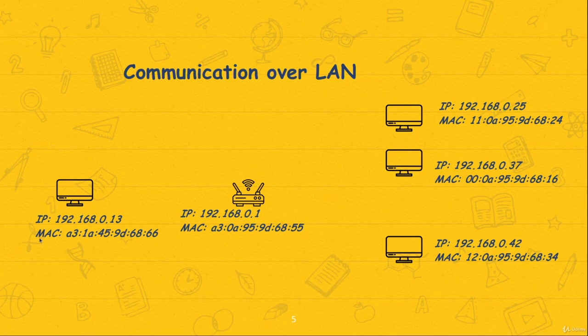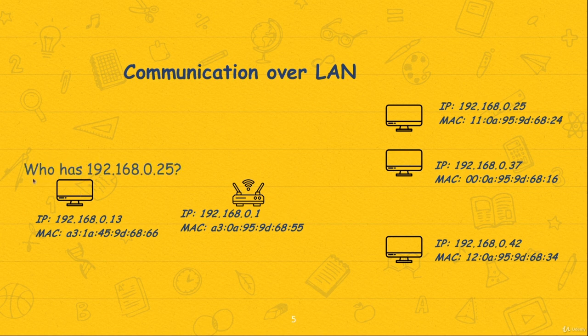So how do you communicate? This PC communicates with this device. In order to do this, it sends an ARP request. There are different types of requests, but this type is called a who-has request.